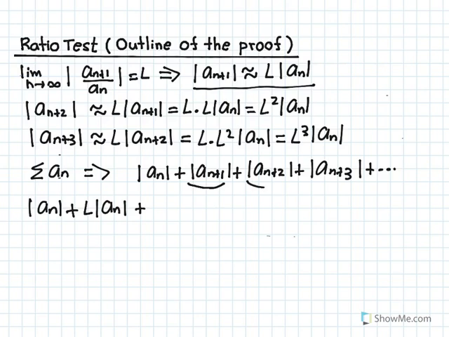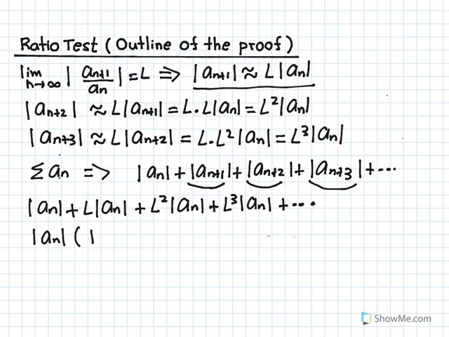The absolute value of a sub n plus 2 is approximately L squared times the absolute value of a sub n, and the absolute value of a sub n plus 3 is approximately L cubed times the absolute value of a sub n, and so on. Now let's factor out the absolute value of a sub n times 1 plus L plus L squared plus L cubed, and so on.